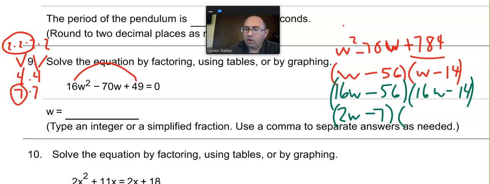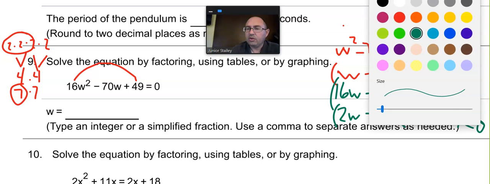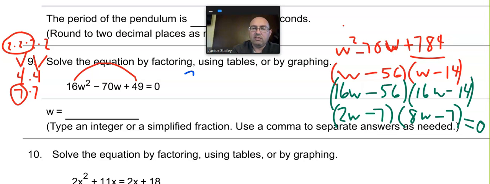And in the second one, 2 goes into both of those, which is 8w minus 7. Now this is when we would set it equal to 0 and solve. As we said in class, we want to set the individual factors equal to 0.